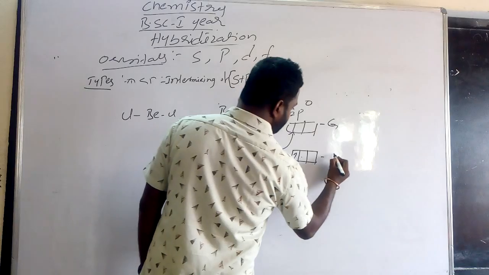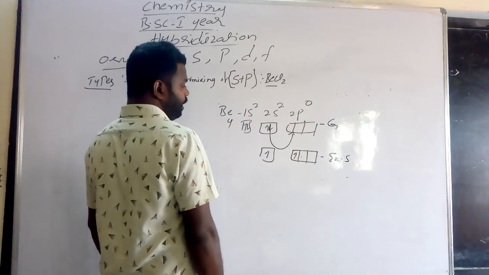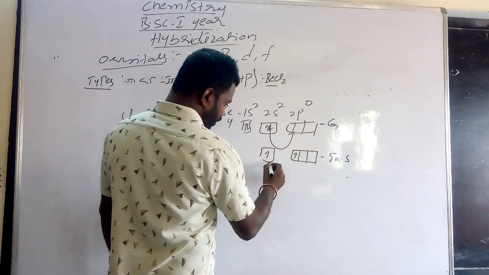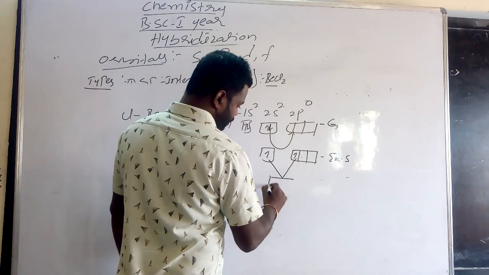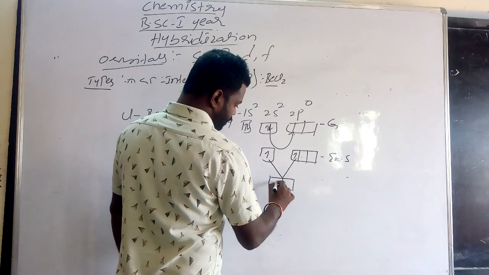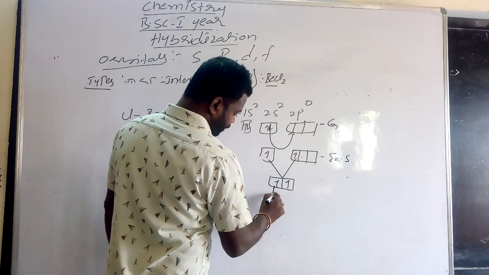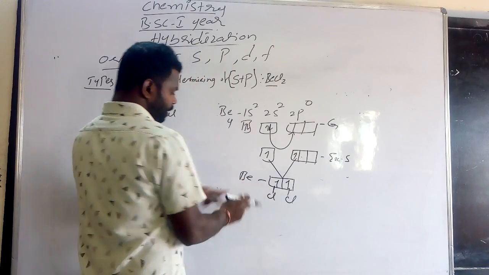Now at the excited state of beryllium, the number of unpaired electrons is 2. Now intermixing of these 2 orbitals. These 2 orbitals are intermixed. Now we are with 2 chlorines. This one is beryllium.